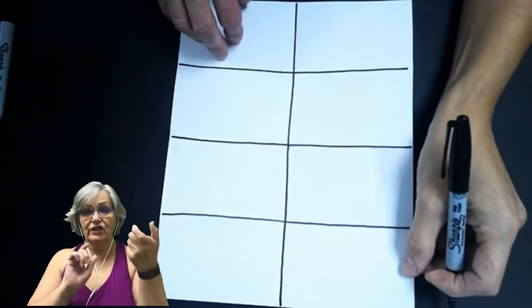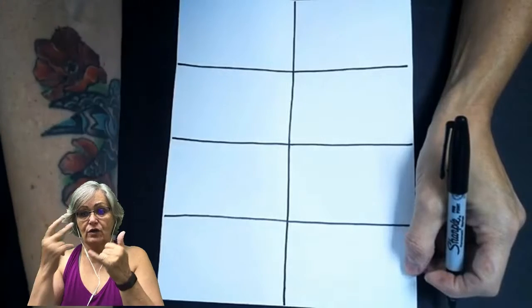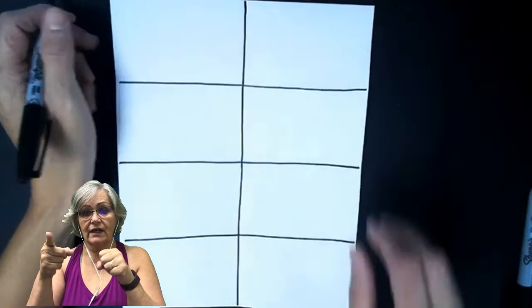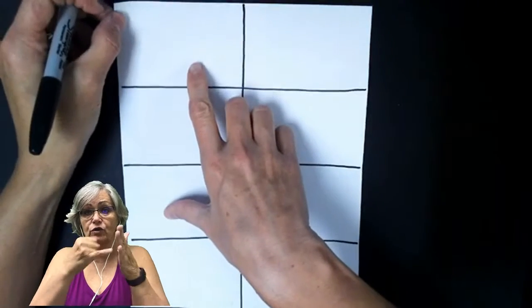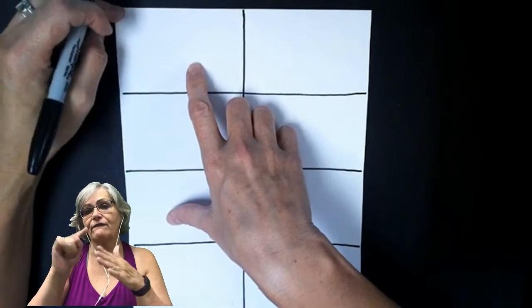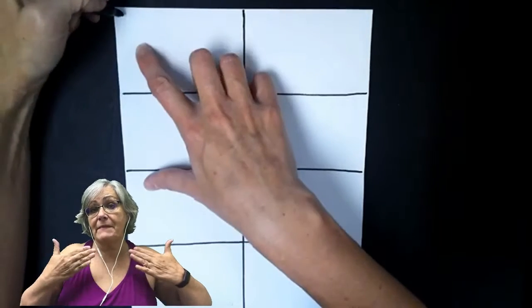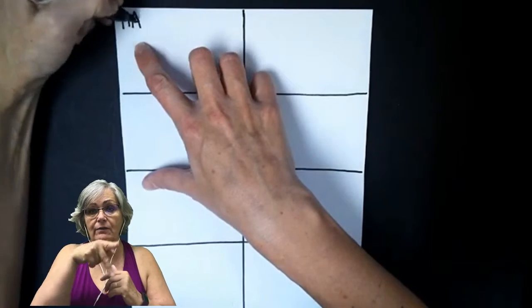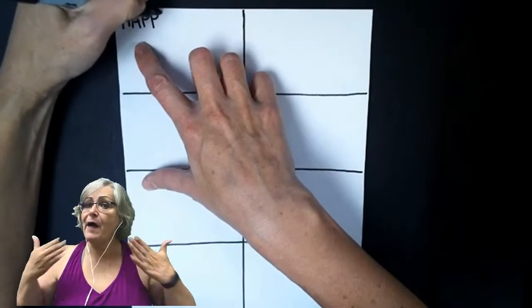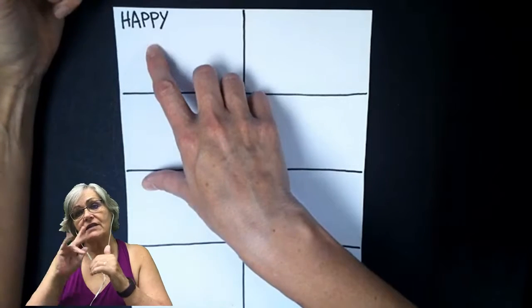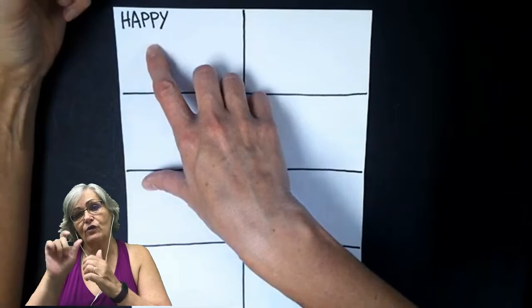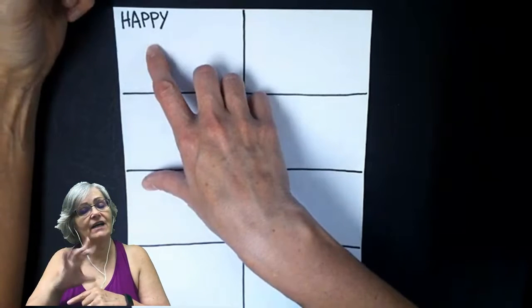I'm going to flip my camera view so that when you see the names of these, you can understand it a little bit better. So the first rectangle here, we are going to put a word in there, something that shows an emotion. Happy could be what we want to write here. H-A-P-P-Y. If you do not know how to spell, or you do not know how to write those letters, it is perfectly fine.